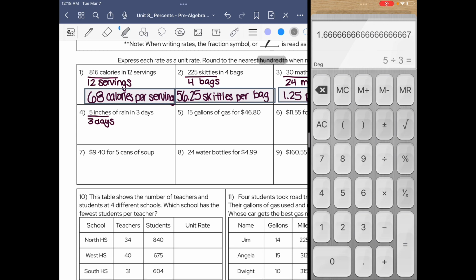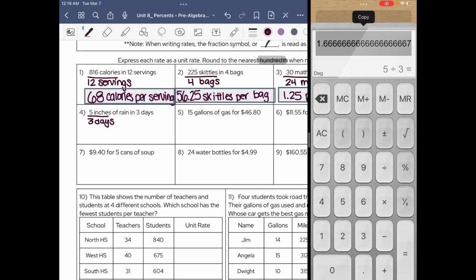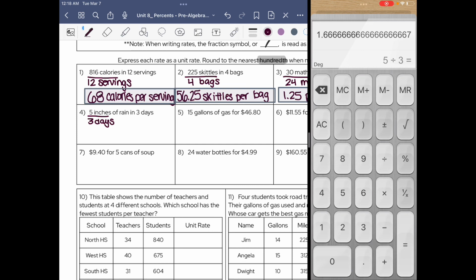Okay? That is 2 decimal places. So it'd be 66, except for the third number is a 6. So it's going to change to 67, or 1.67 inches per day. So it rained about a little over 1.5 inches per day.